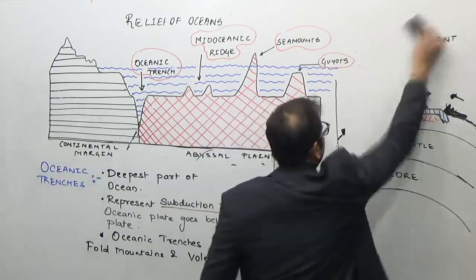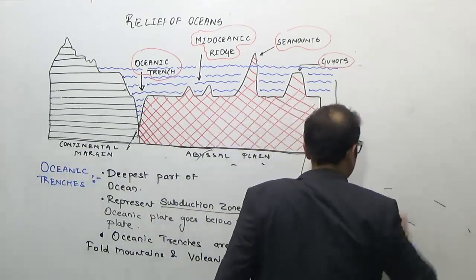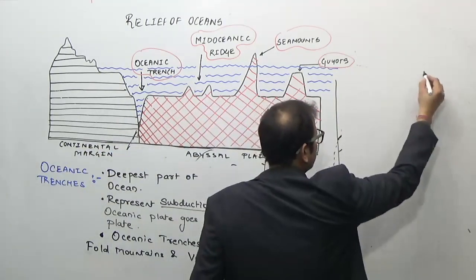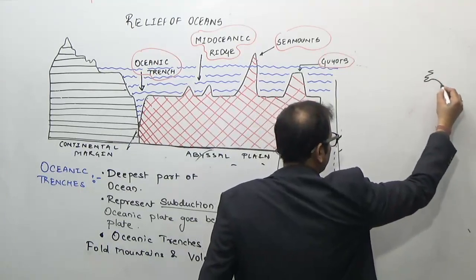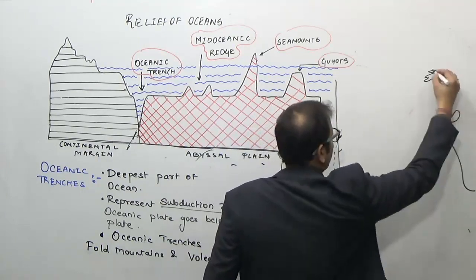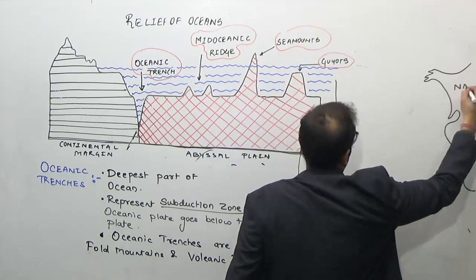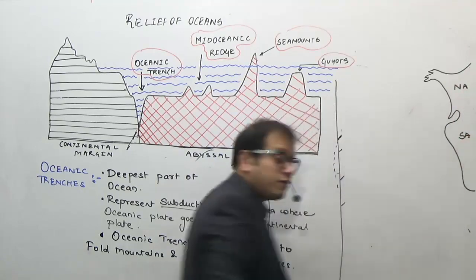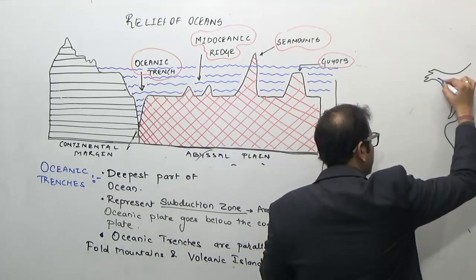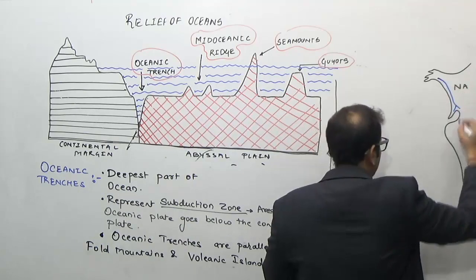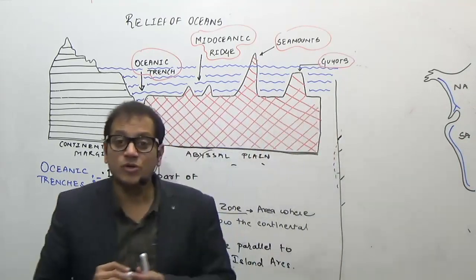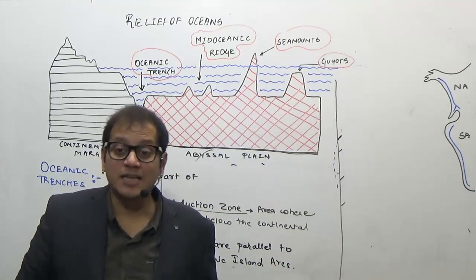Figure, and therefore in North America and South America, you have two fold mountains, that is the Rockies mountain system, and you have the second highest mountain system along the western coast of South America, that is the Andes mountain system.